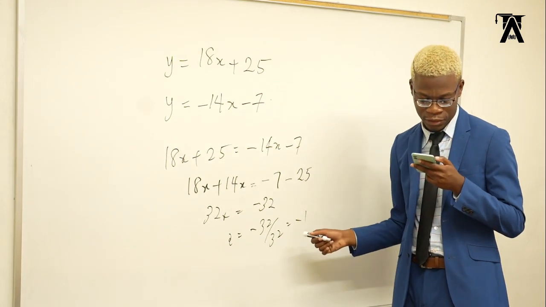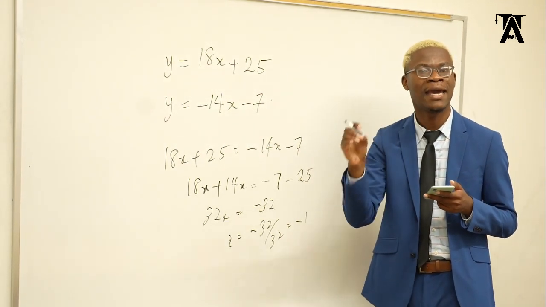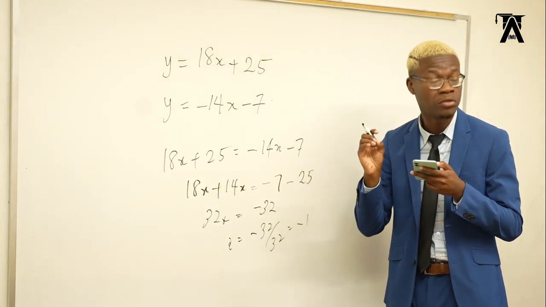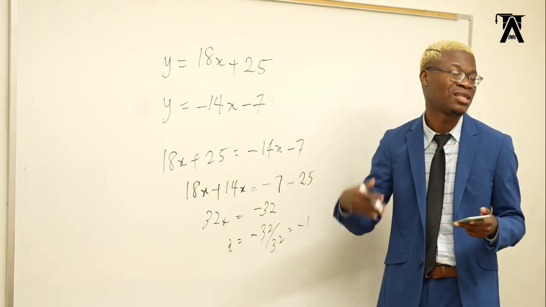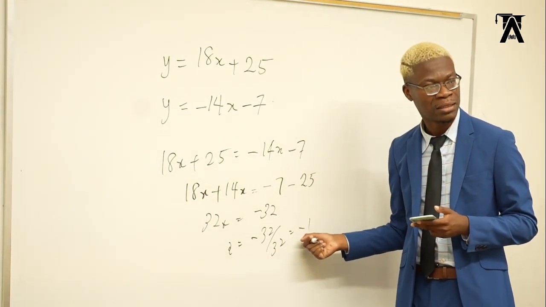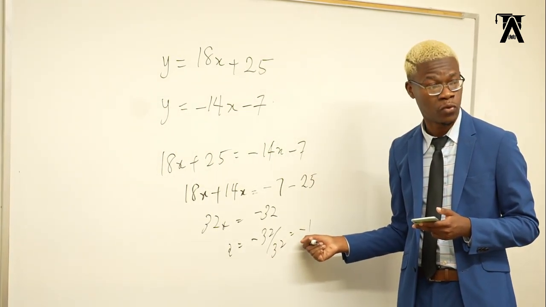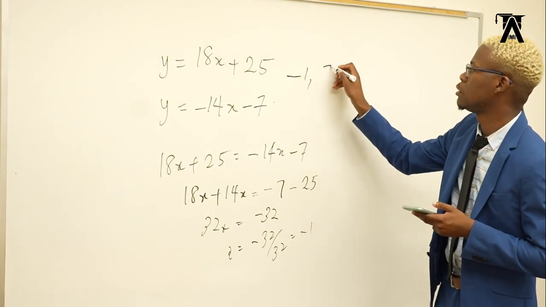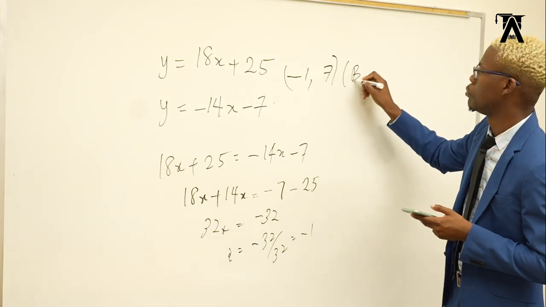So if x is negative 1, which option has x to be negative 1? That is option B. So we don't need to necessarily calculate y. Just look for the option that has the x coordinate to be negative 1, and that is B. So negative 1 and 7, B.